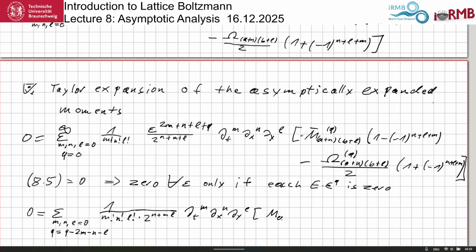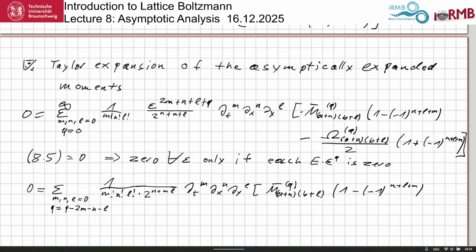Then we have m a plus n, of the order q, b plus L, 1 minus (-1)^(n+L+m).